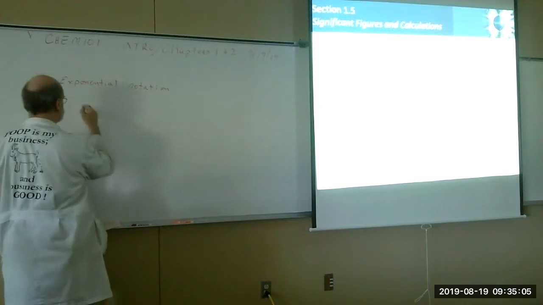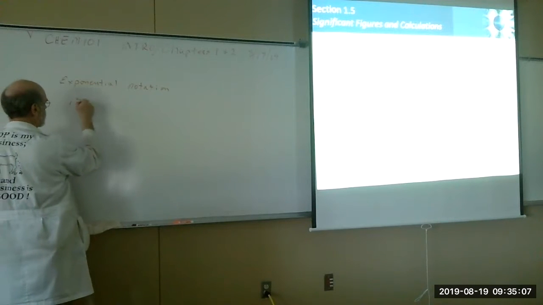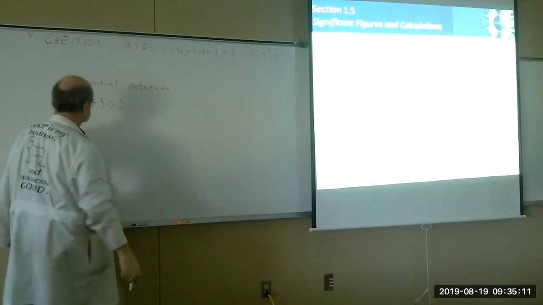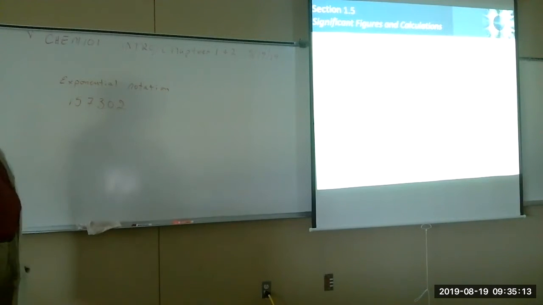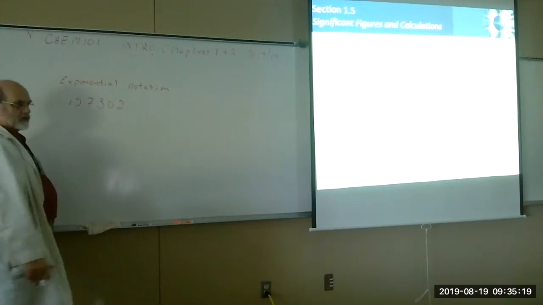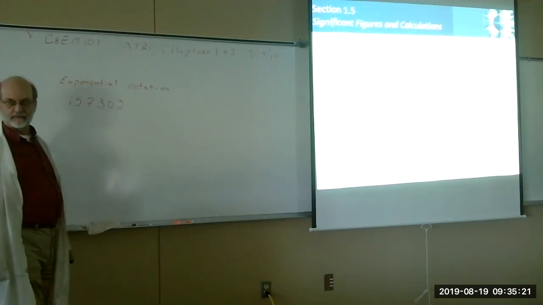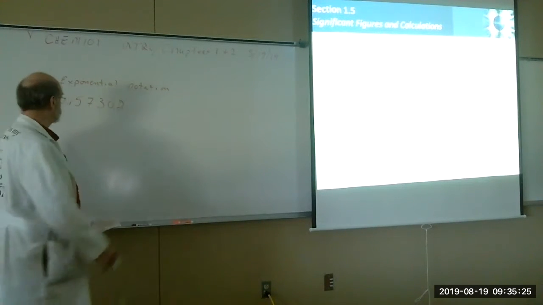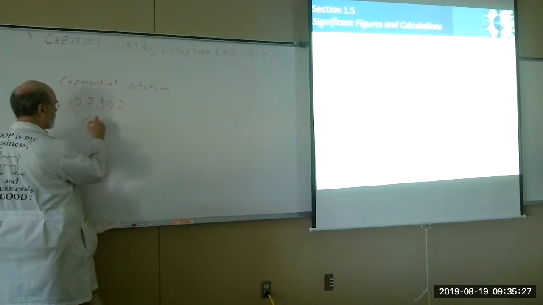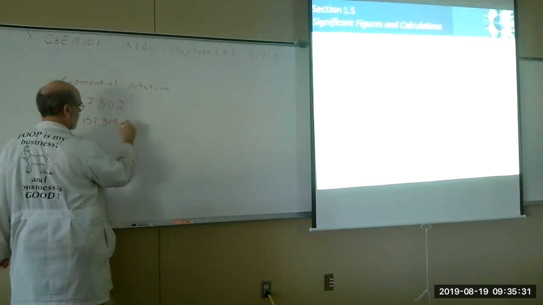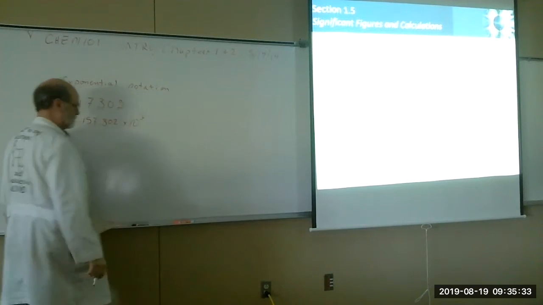So let's take an example. Say 157,302. We want to express that exponentially, right? The authors would say your coefficient would be between 1 and 10. But strictly speaking, exponential notation could be 157.302 times 10 to the third.